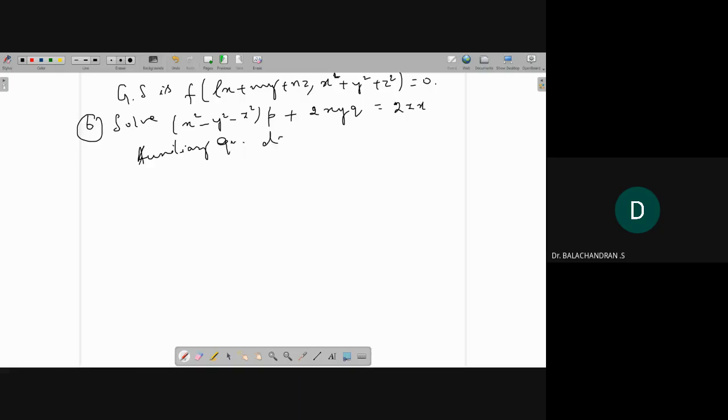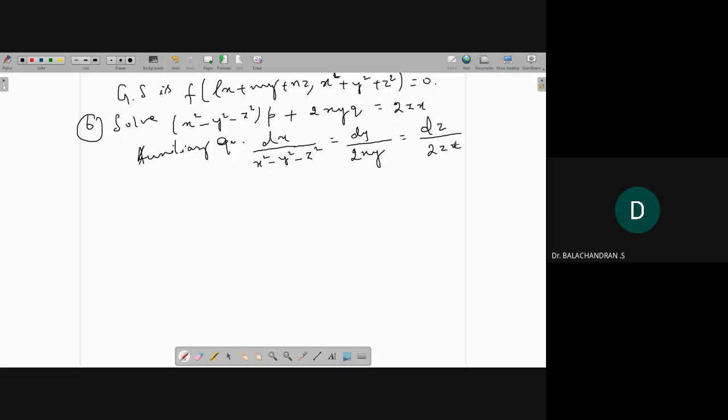So the auxiliary equation is dx by x square minus y square minus z square is equal to dy by 2xy equal to dz by 2zx.